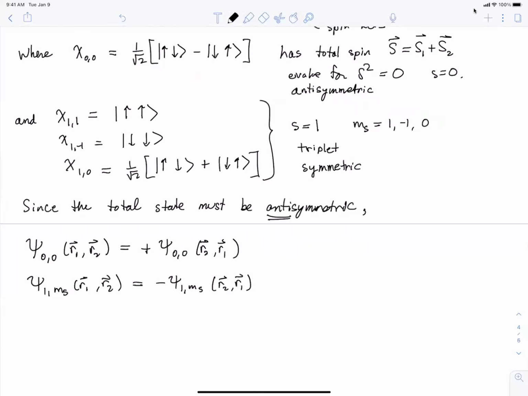Okay, so this is the symmetric spatial wave function. Okay, and there's one of them. And this is the antisymmetric spatial wave function for the triplet.